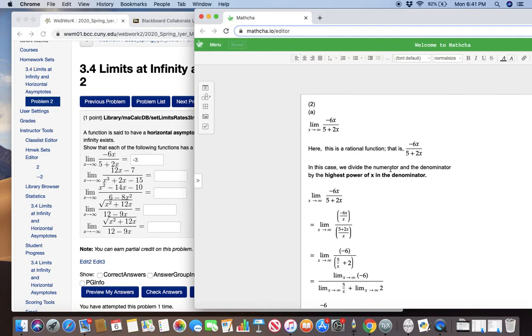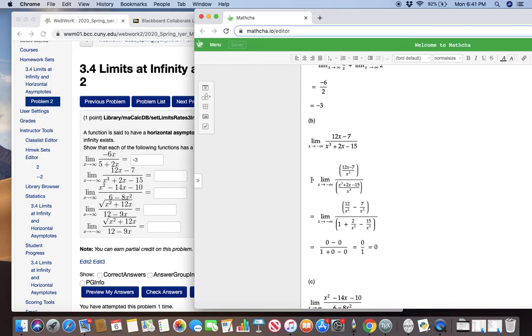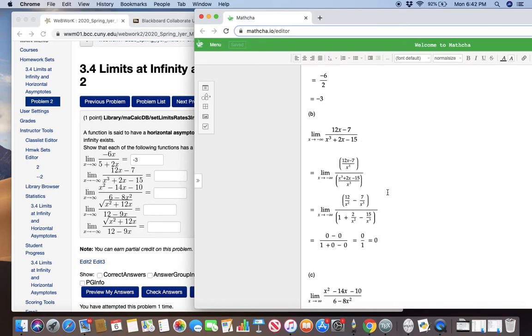You have to divide the numerator and the denominator by the highest power of x in the denominator, which is x cubed. So this limit is equal to the limit as x approaches negative infinity of 12x minus 7 over x cubed plus 2x minus 15 over x cubed.